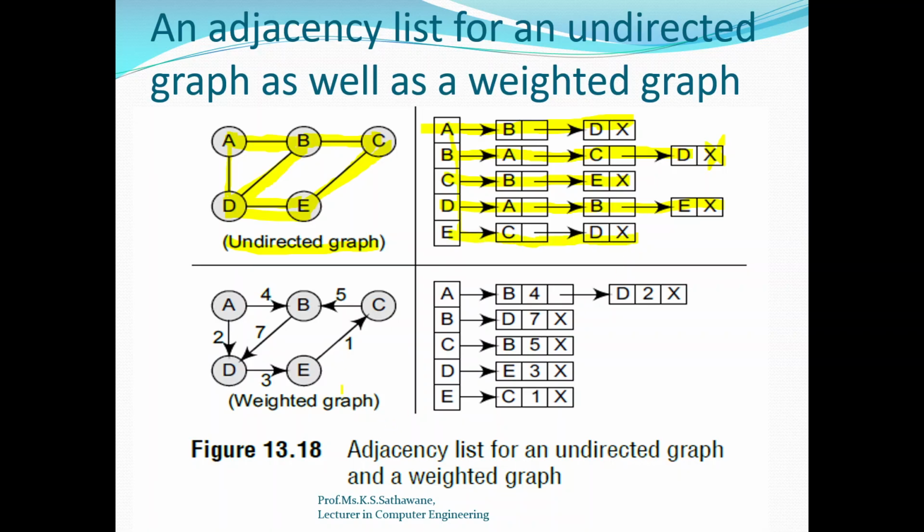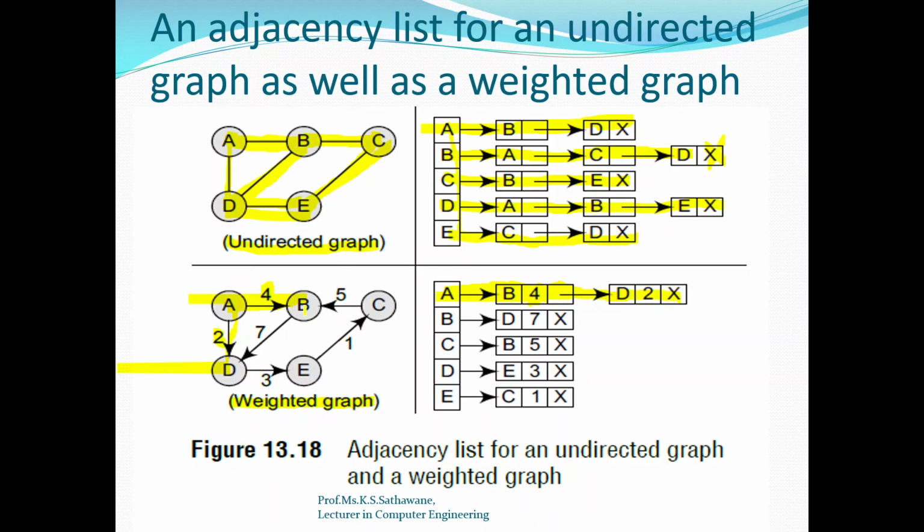Now the weighted graph. For a weighted graph, each node in the list will have one additional part, that is the value of the weight. So if there exists an edge from A to B, and there exists an edge from A to D, where the weight of the A to B edge is 4 and the weight of the A to D edge is 2, then the adjacency list of A will have B with weight 4 and the next node in the list is D with weight 2.